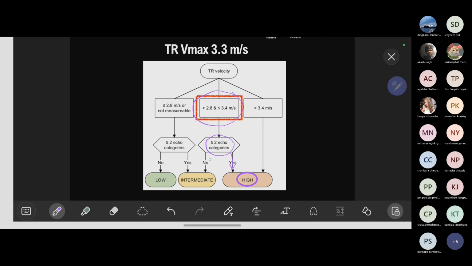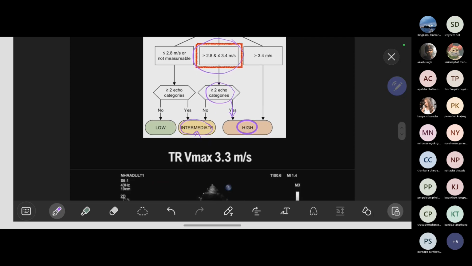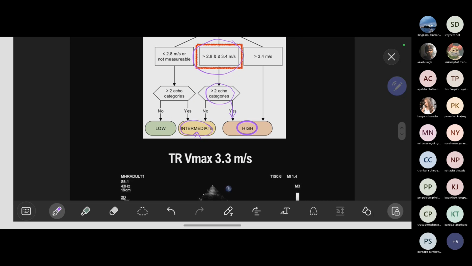If there is no category of echocardiographic sign, the probability of pulmonary hypertension in this patient should be in this group, right? Okay, 3.3.